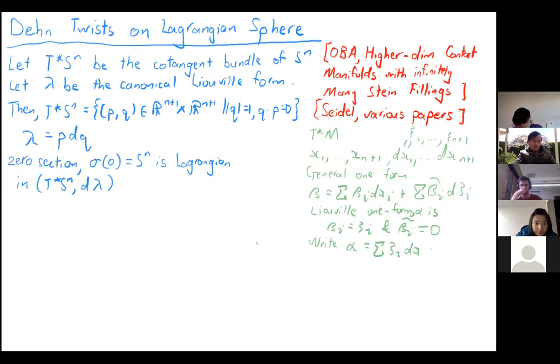Okay, so Lagrangian means having half the dimension of your original space.